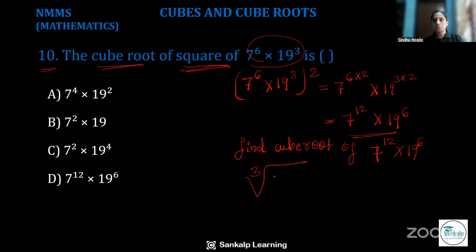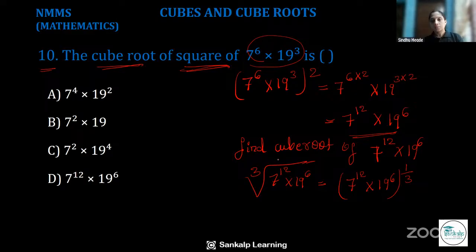So the cube root of 7 raised to 12 into 19 raised to 6 we can write as (7 raised to 12 into 19 raised to 6) whole raised to 1 by 3. Cube root is 1 by 3. We know that square root is 1 by 2, cube root is 1 by 3.